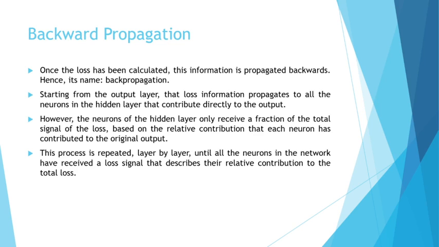Layer by layer it will be performed, until all the neurons in the network have received the loss signals, step by step. That describes the relative contribution to the total loss in that particular network. So this is how the whole learning process takes place.